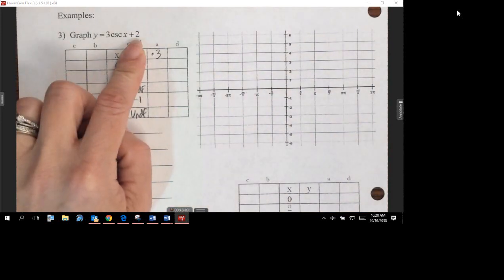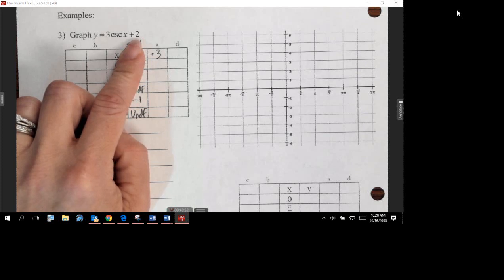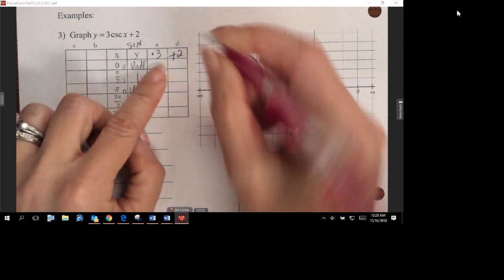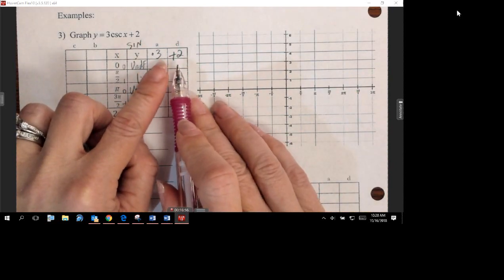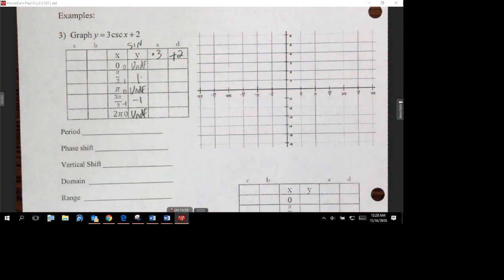And the +2, Debbie, what's the +2 tell me? Up. So is that going to go on my x's or my y's? Good. Remember, if you've got more than one thing happening, you always want to do multiplication before you do addition. So I need to multiply an asymptote by 3.